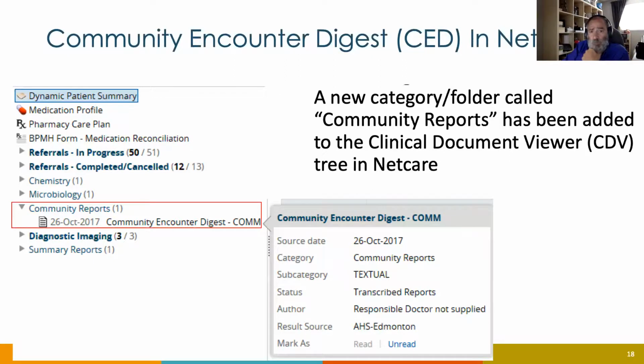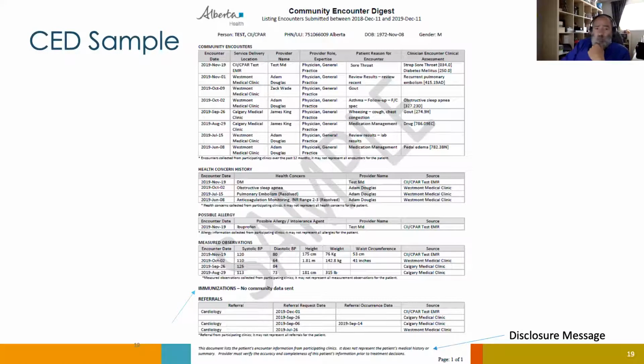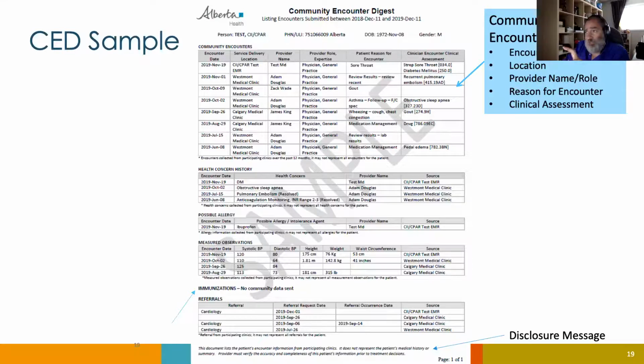You have probably seen this already, but I'll go through it again because it's helpful to be quite familiar with what's here. The Community Encounter Digest looks like this. It's a PDF in NetCare. There are sections. The first section just lists encounters.